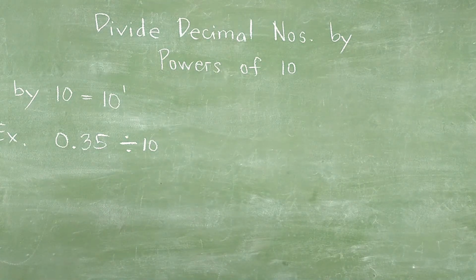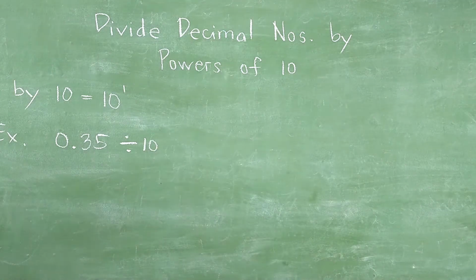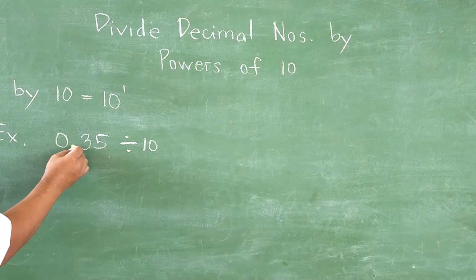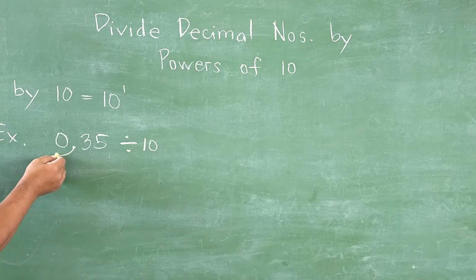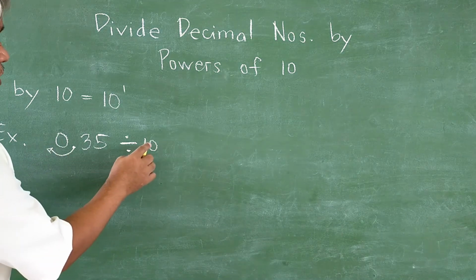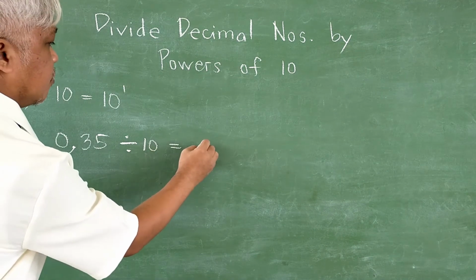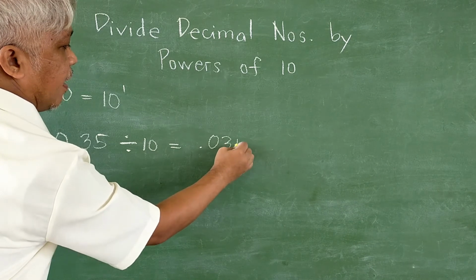So, to get the quotient of this, since divided by 10 lang naman ito, from this point, imumove mo lang siya one place to the left. So, mapupunta dito yung point. Okay? Therefore, kung naandito yung point, this then is equivalent to 0.035.